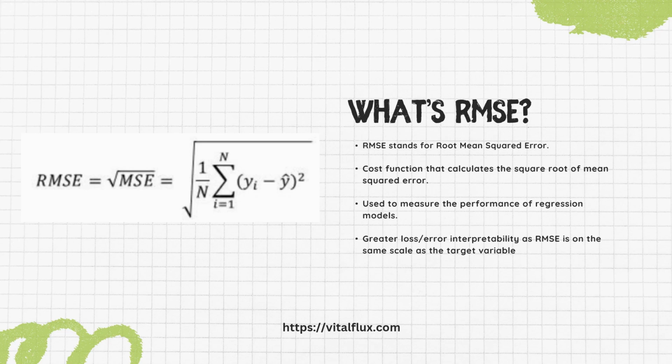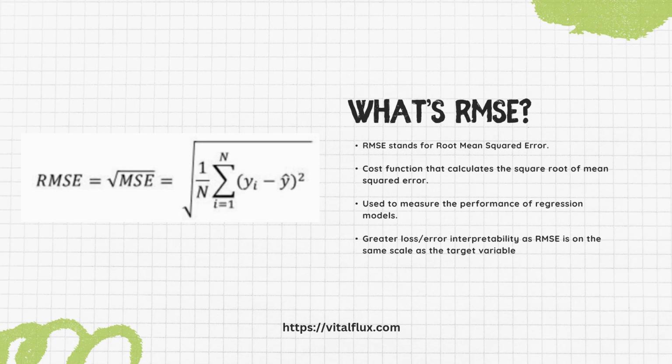RMSE is a great metric because it is at the same scale as the target variable. So if we are predicting house prices, when we calculate the RMSE, we get the output in terms of house prices.